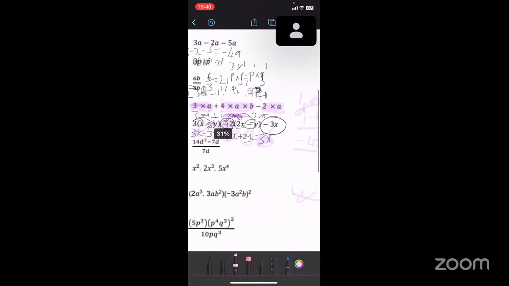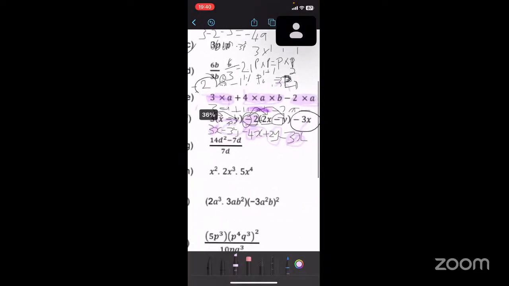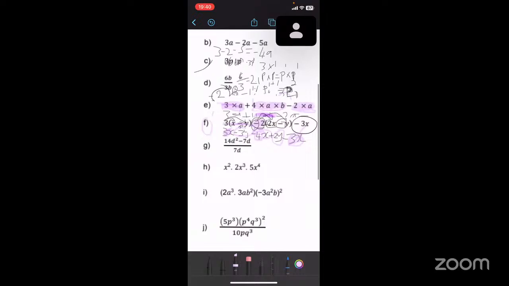Then you go to your very first expression, the whole of this, and where you see x, you substitute with a 2, and where you see y, you replace it with 3. Whatever you get should be the same as this one over here.